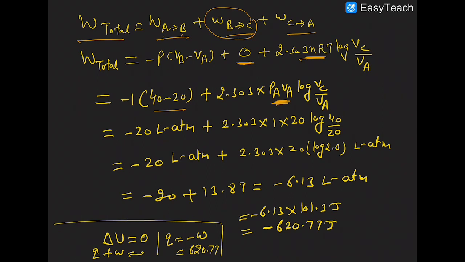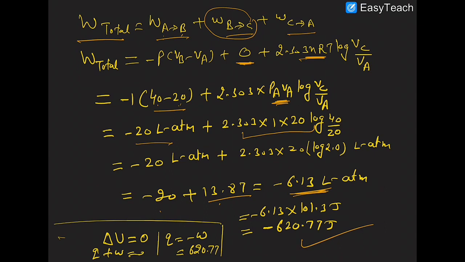So here, 40 minus 20 becomes minus 20 liter atmosphere, and when you solve the other term, it becomes plus 13.87. So minus 20 plus 13.87 becomes minus 6.13 liter atmosphere. You multiply by 101.3, you will get the answer in joules.